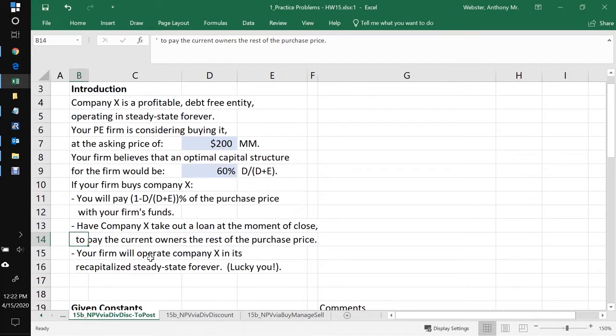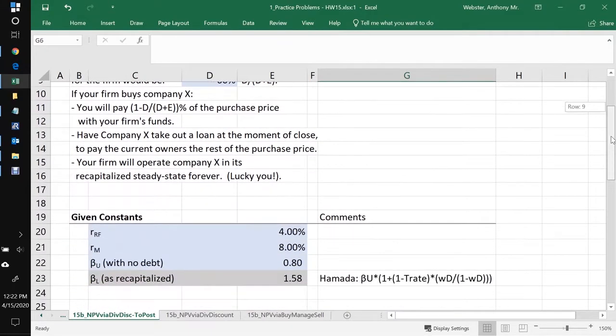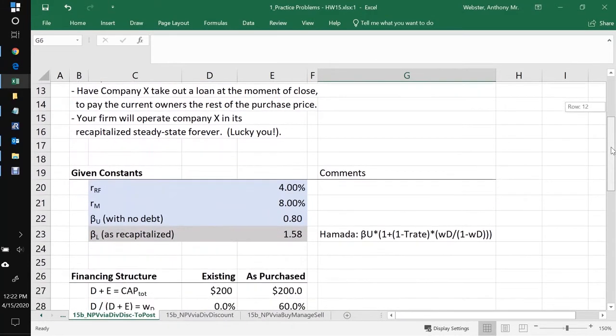And so now we're the owner. If we do that, we're going to operate the company in its recapitalized state, that's with the debt that we're going to have the company take out, forever. Lucky us. So that's another feature of the simple dividend discount model. We assume typically we're going to own the firm, or the firm's going to live a happy life forever.